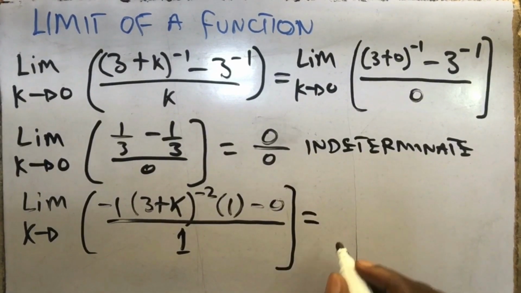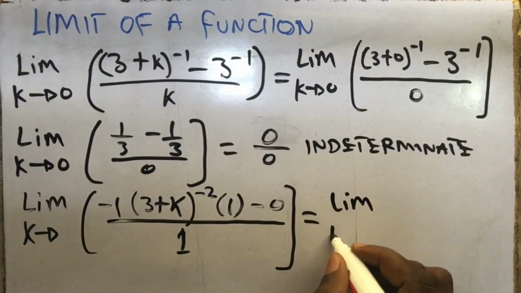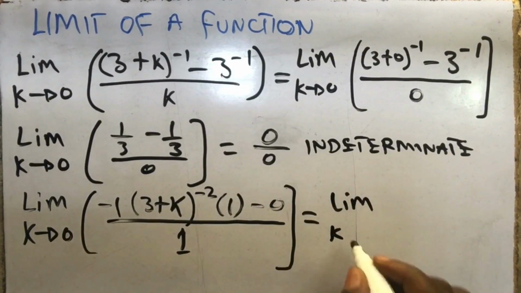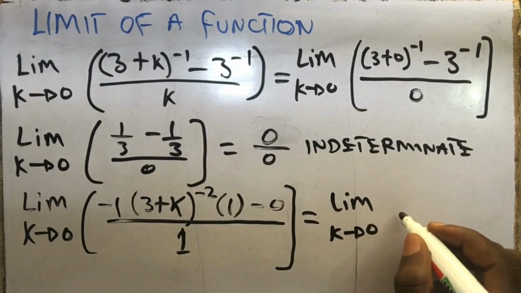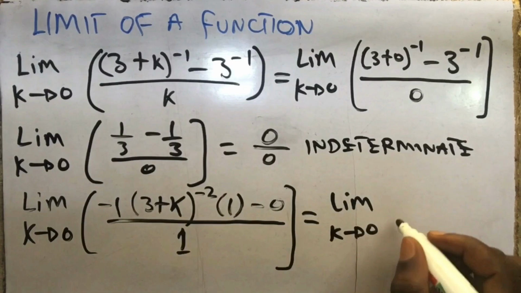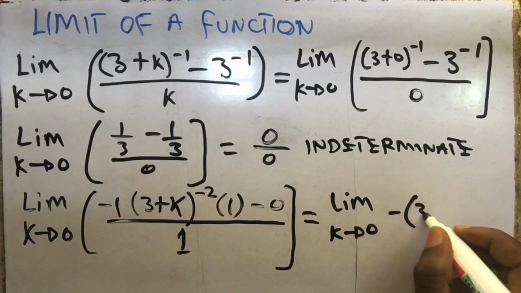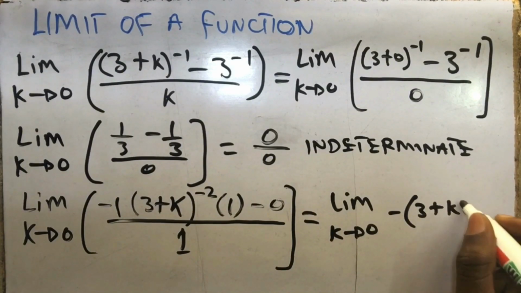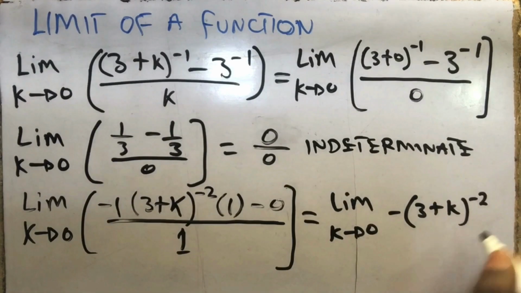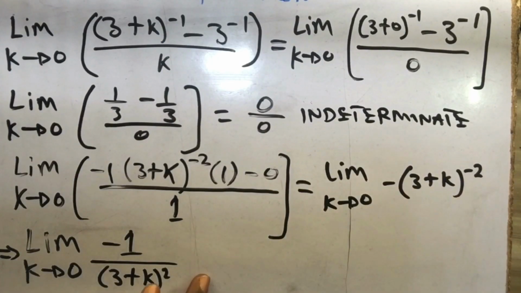From here, we have the limit as k approaches 0 of minus 1 times a new function, 3 plus k, all squared. From our knowledge of indices, we can arrange this in this form to make our work easy.